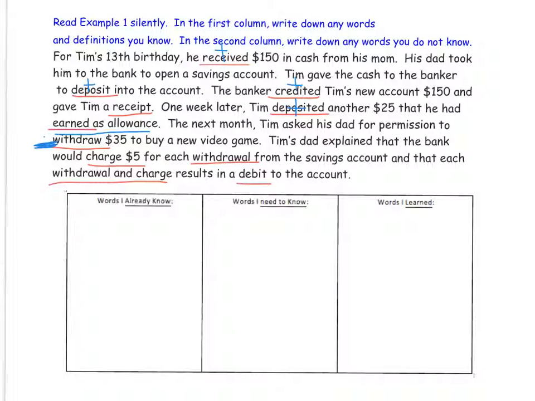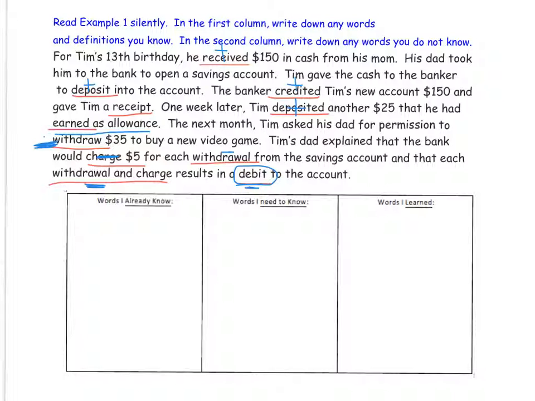If you put something in, that's a credit. If you take something out or withdraw it, that's a debit. So anything that you're withdrawing is a negative. If you get charged something, that's paying out. So that would be negative as well.